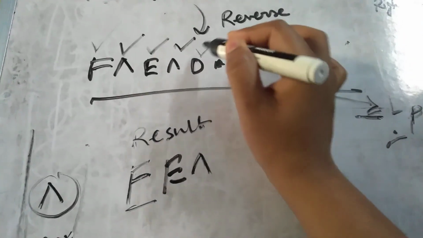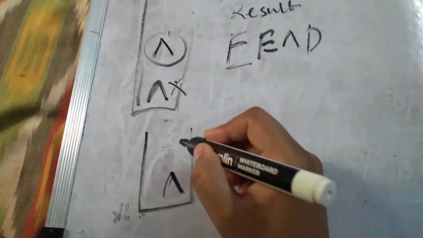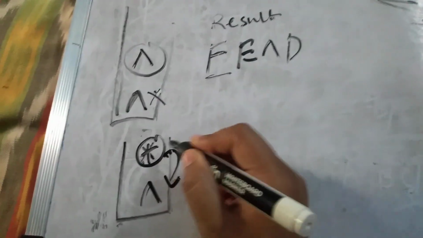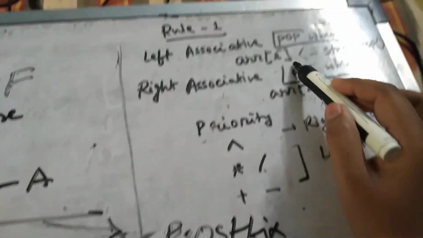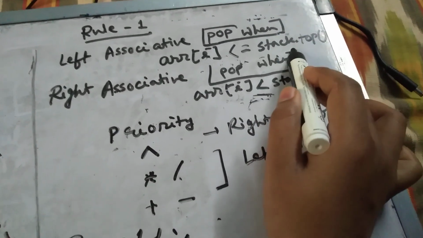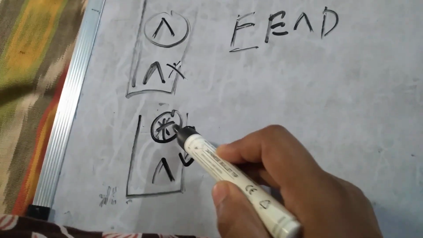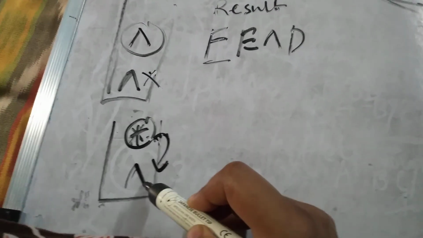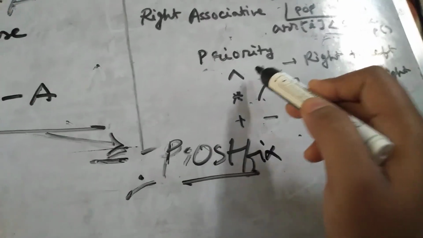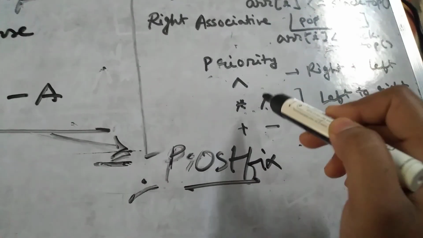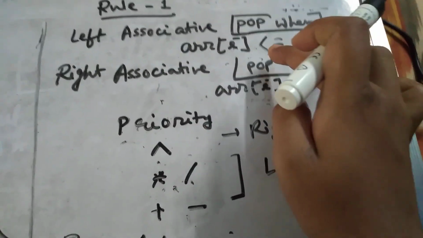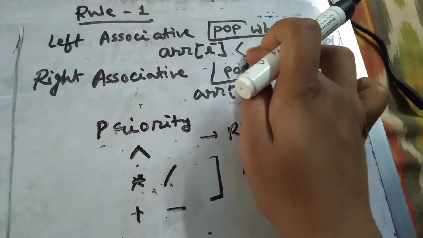Next, D. Place it here. Now multiplication. Multiplication talks with this operator. It asks, am I less than or equal to the stack top? Yes, I am less than the stack top, because the priority of the multiplication operator is less than the power operator. But here one thing changed: it is not less than or equal to, it is only less than. In the postfix rule a left associative operator pops when less than or equal to happens, but for right associativity only less than.